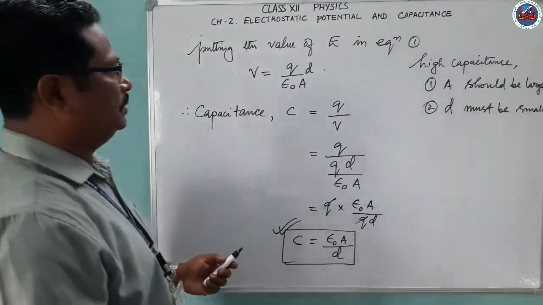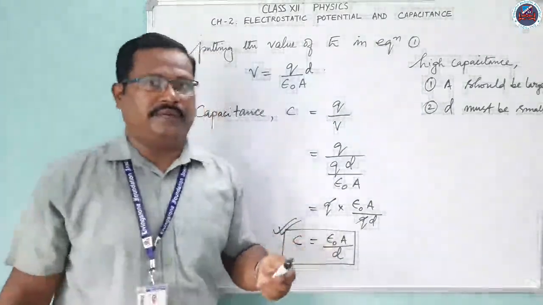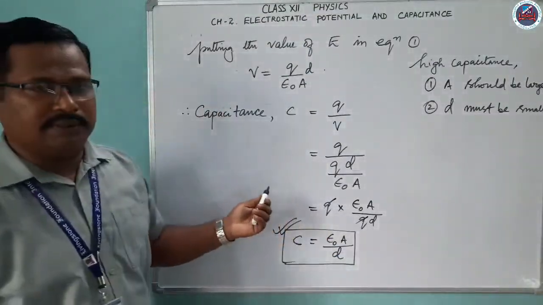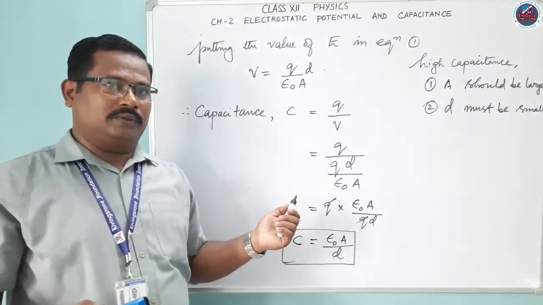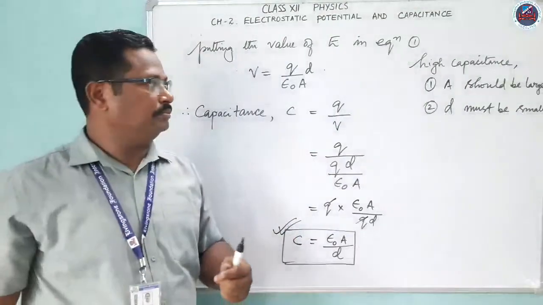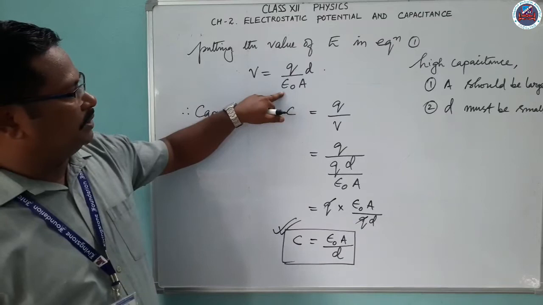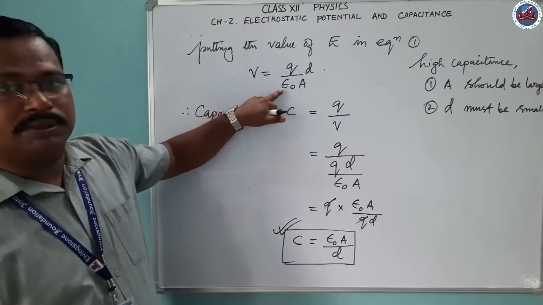Now let us discuss the capacitance of a parallel plate capacitor if a dielectric is introduced. We have discussed how to calculate the capacitance of a parallel plate capacitor kept in vacuum, because everywhere we used the permittivity of free space, epsilon naught.